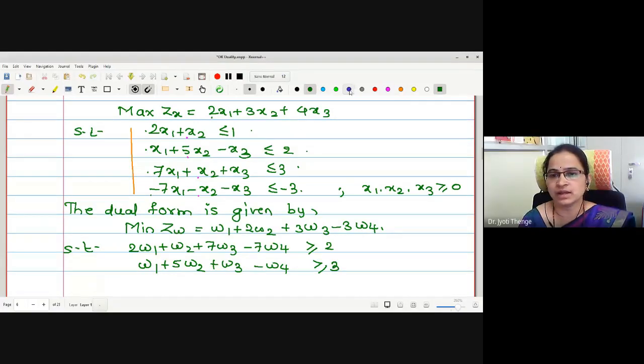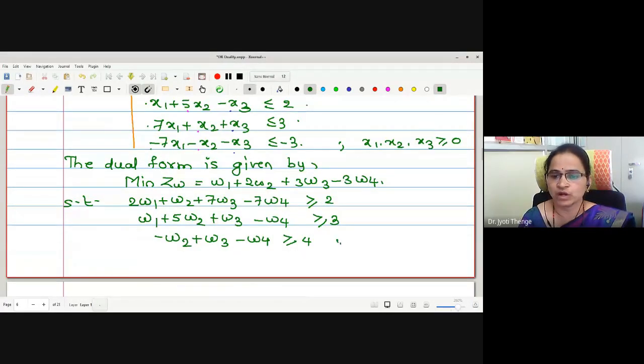Now let me write my last constraint. Here there is no x3 variable, so this value is 0: 0, minus 1, plus 1, minus 1. Therefore our constraint starts with minus W2 plus W3 minus W4 and is greater than or equal to 4.